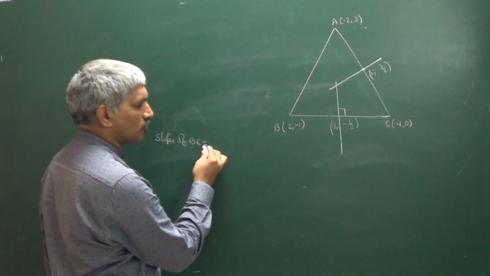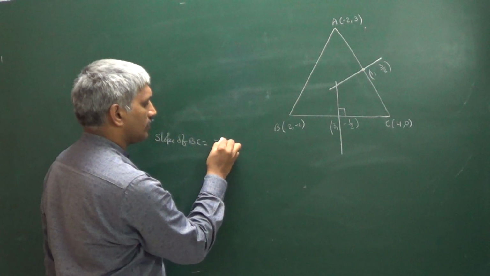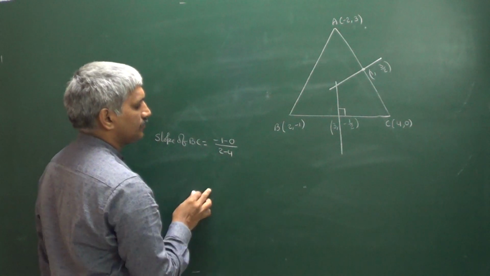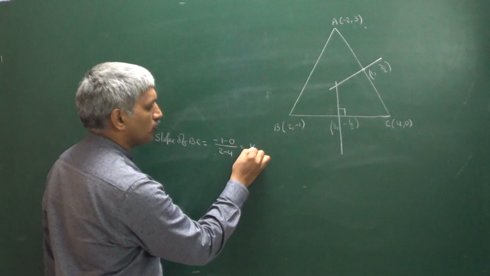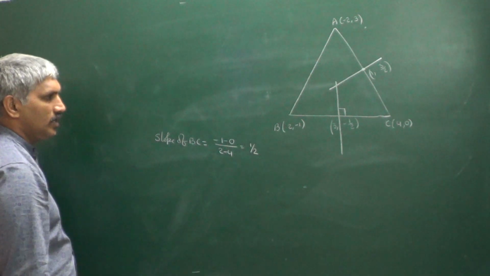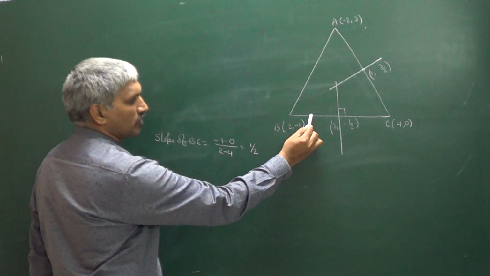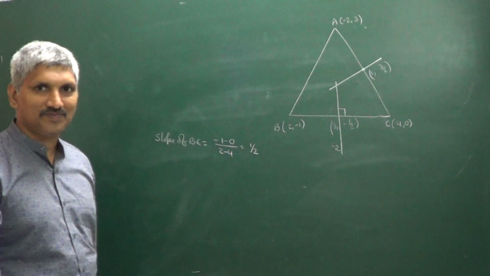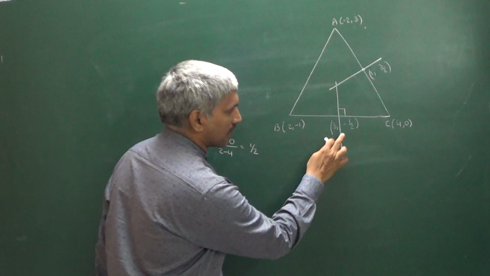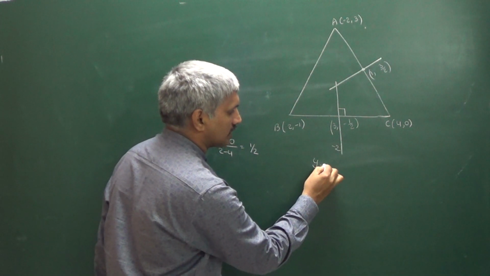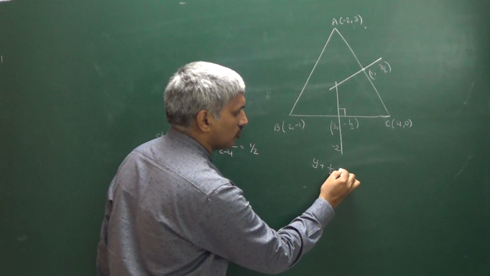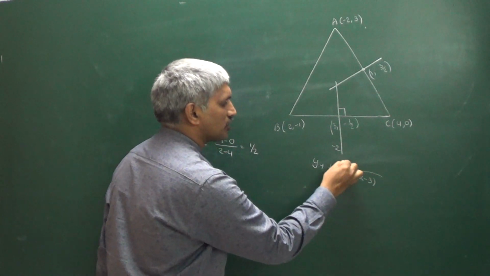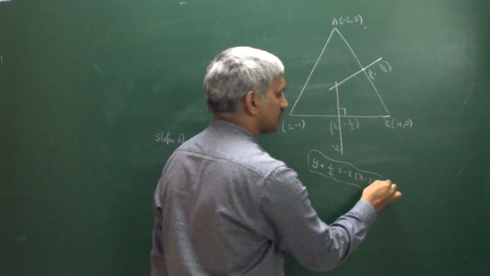BC slope is equal to (y2 - y1) divided by (x2 - x1). Then we get 1/2 as the slope. But this BC slope is 1/2, so the perpendicular slope must be -2. You know the slope and the point, so the equation of the line is y - y1 = slope into (x - x1). That is the equation of one of the perpendicular bisectors.